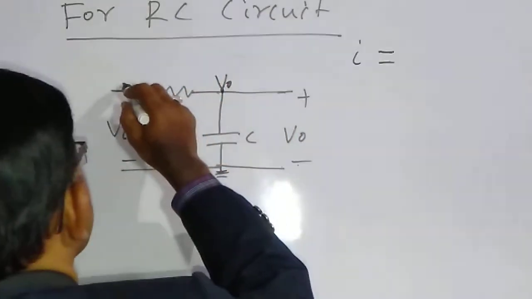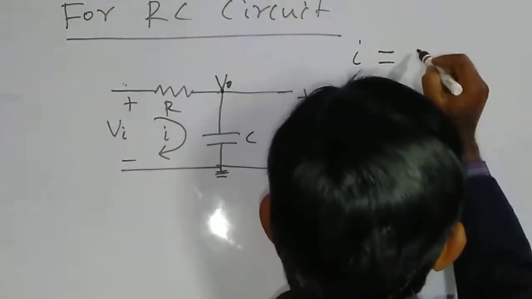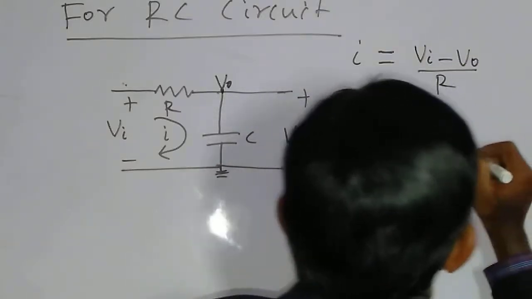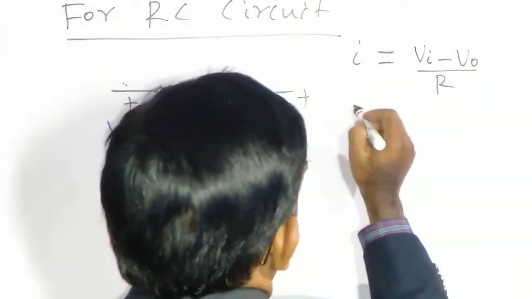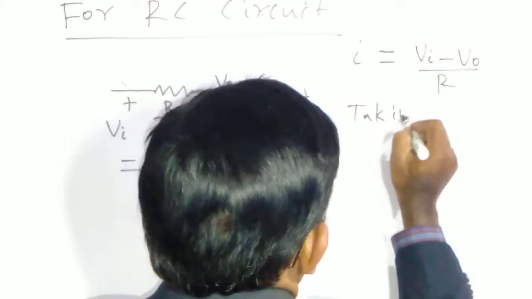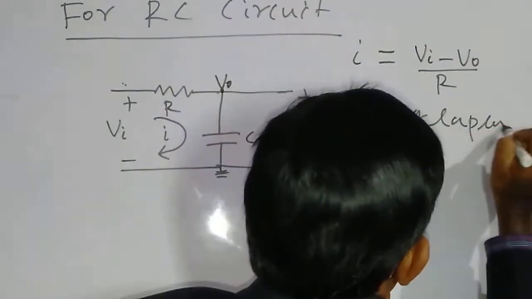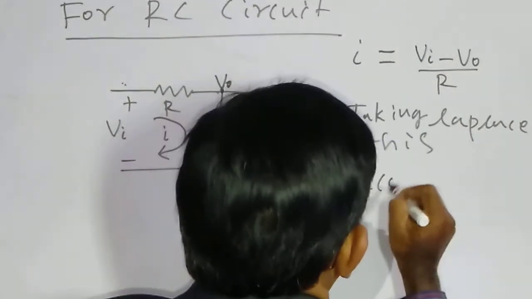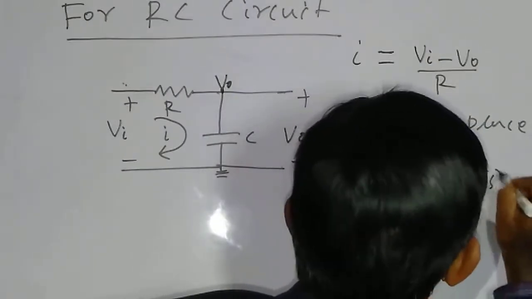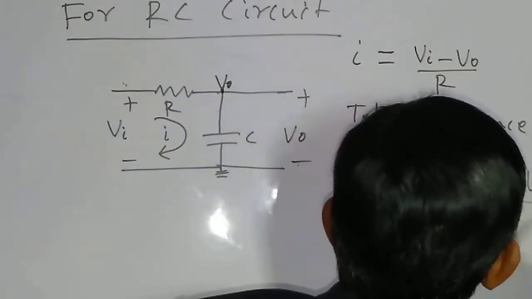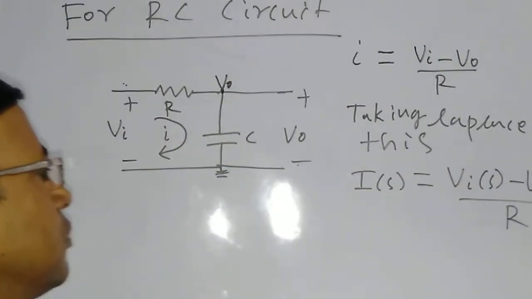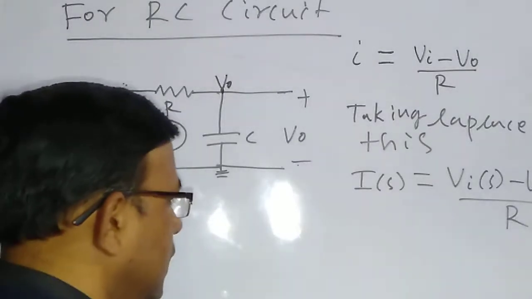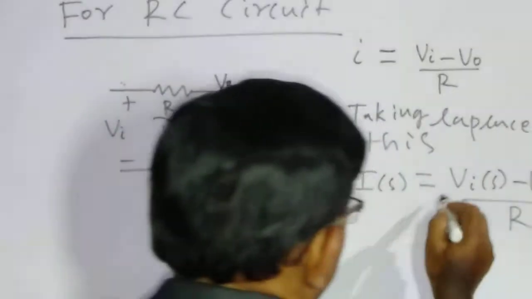So V naught, then I is Vi minus V naught by R. So taking Laplace of this, I of s is equal to Vi of s minus V naught of s by R. So now we can represent this equation by a block diagram technique.